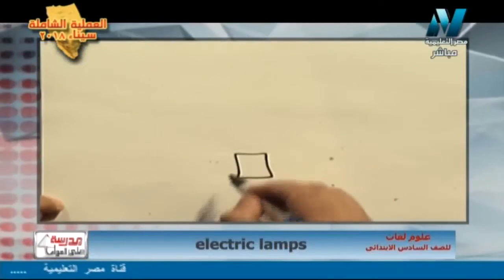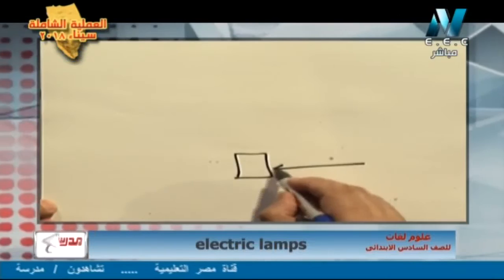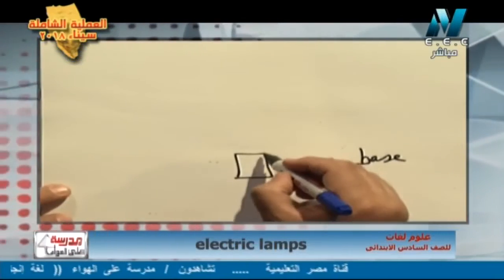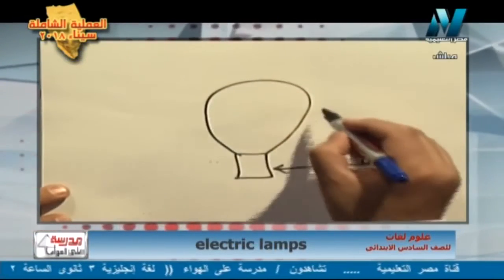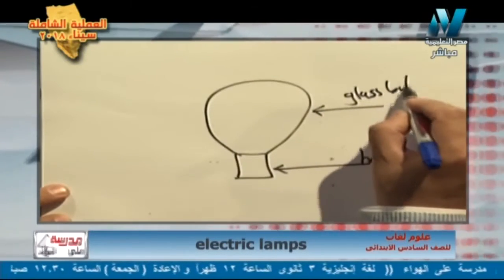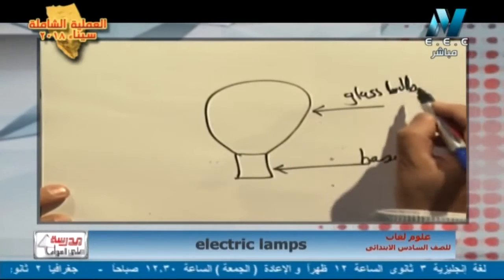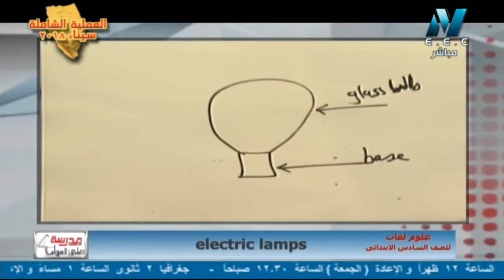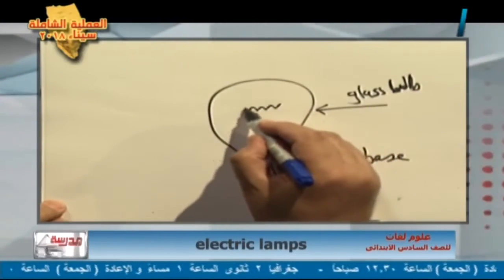The light bulb, again, as I said, contains three main parts, which are the base, القاعدة, and the glass bulb, الانتفاخ الزجاجي, glass bulb.